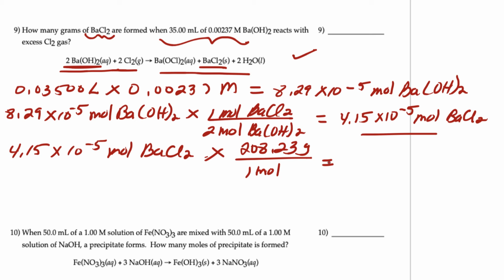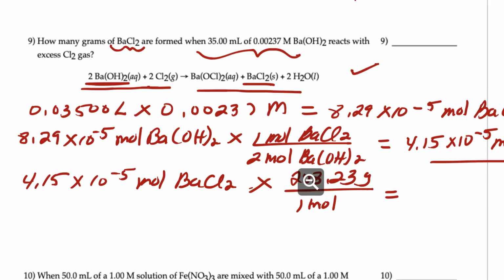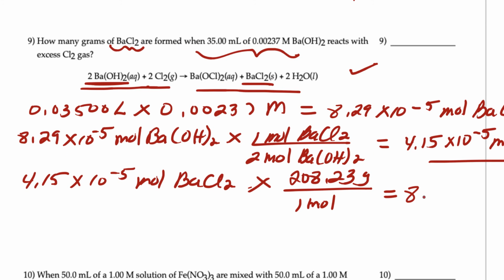So I get 8.64 times 10 to the negative 3 grams of barium chloride is produced.